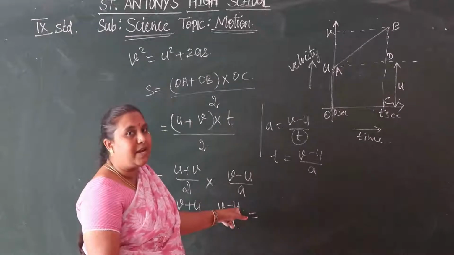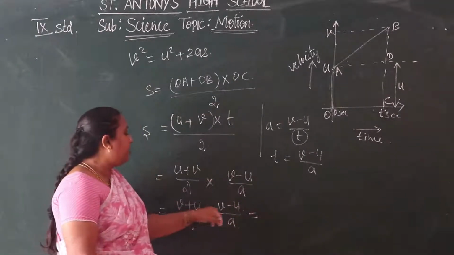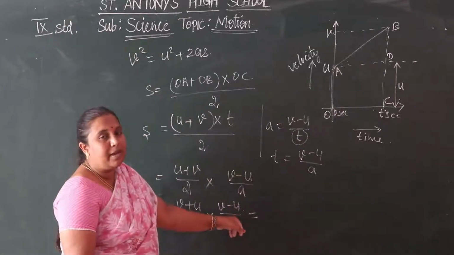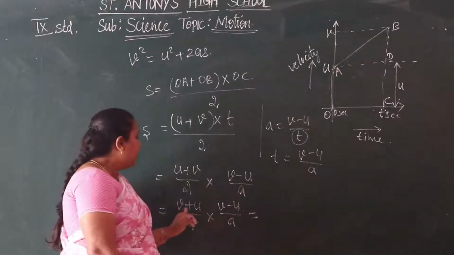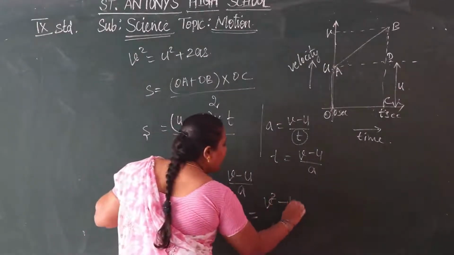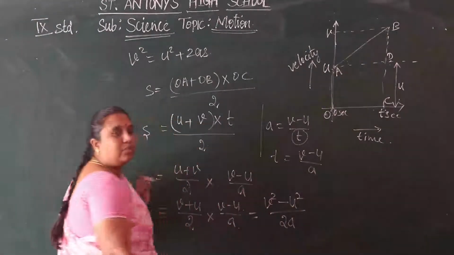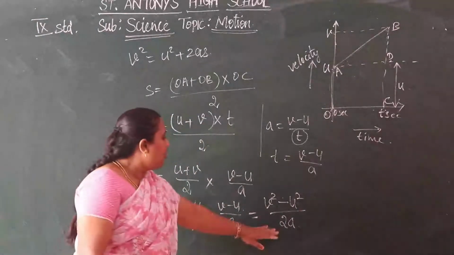We saw this in algebraic identities. So keep in mind, a plus b into a minus b gives a square minus b square. That is v plus u into v minus u. We can write it as v square minus u square by 2a. So this 2a goes to this side.